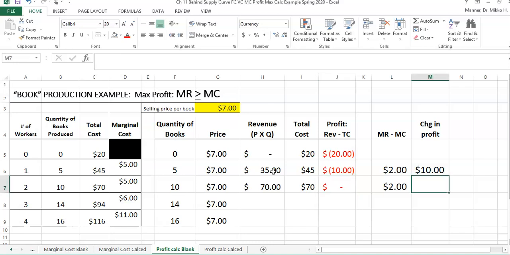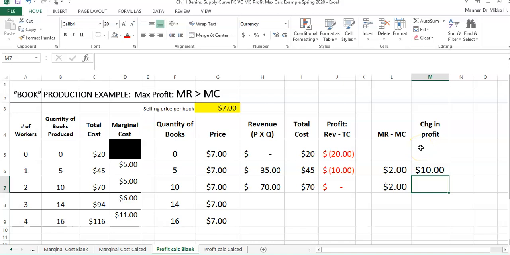So profit of 0, because total revenue minus total cost is 0. Now, it again improved by $10 for the same reason it improved by $10 before. For the second worker, marginal revenue for each book minus the marginal cost for each book is $2 again. The 7 minus the 5, same as before.